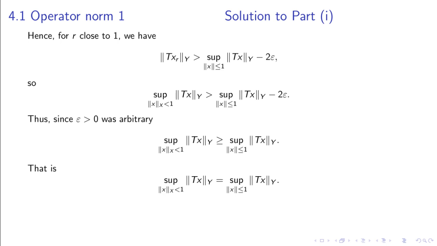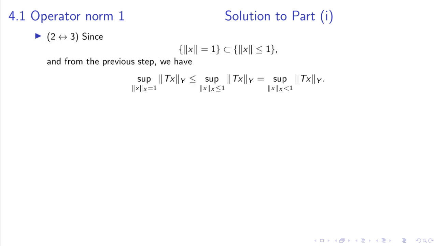The second equality. The unit sphere is contained in the closed unit ball, so the supremum over the unit sphere is less than or equal to the supremum over the closed unit ball, which we have already shown equals the supremum over the open unit ball.